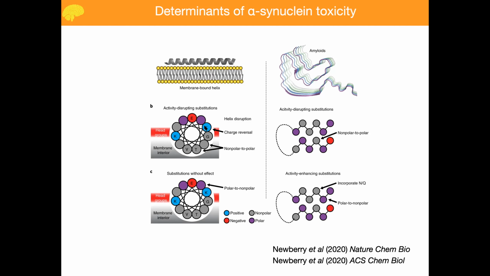And you could imagine that such a structure, if this is the toxic one, would be disrupted by, for example, introducing polar mutations facing the membrane interior, or reversing positive charges in the plane of the phospholipid head groups, whereas the helix face facing away from the membrane would be much less sensitive to substitutions.